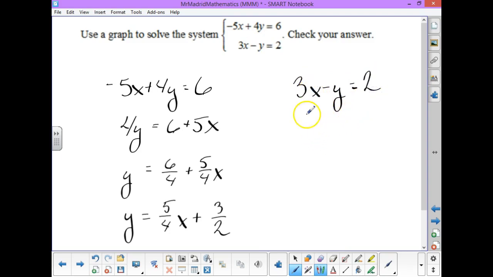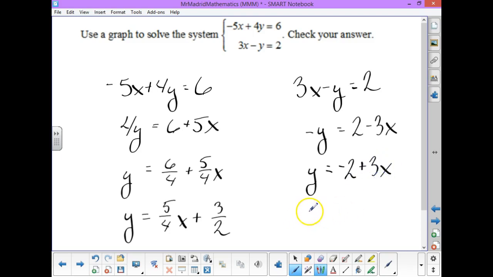Solve for y. I'm going to subtract 3x from both sides. I'm going to divide by negative 1. And I'll finish off with y equals mx plus b form. So 3 over 1 x minus 2.